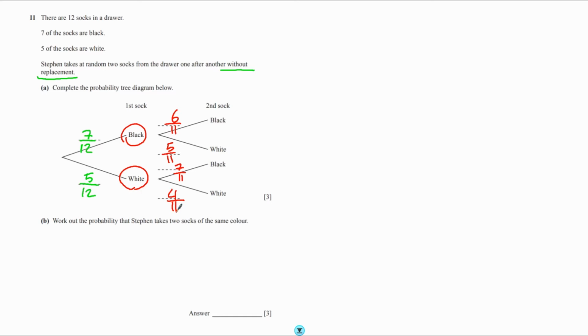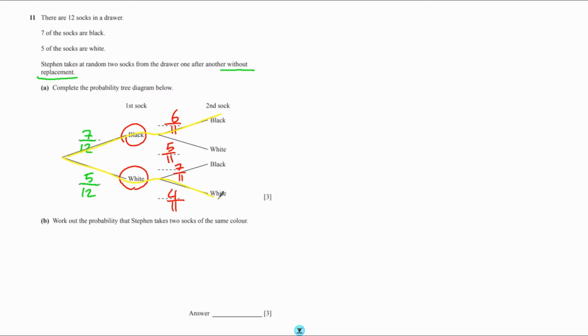The second part of the question says work out the probability that Stefan takes 2 socks of the same color. Two socks of the same color means this could be black and black, which is this line, or white and white, which is this line.